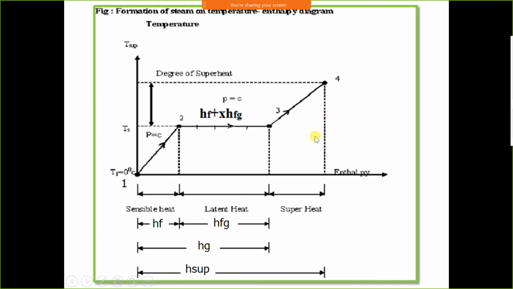Entropy is represented by S. Therefore, entropy at point 2 will be Sf, entropy at point 3 will be Sg, and entropy at point 4 will be S sup. Similarly, specific volume at point 2 will be Vf, at point 3 will be Vg, and at point 4 will be V sup.